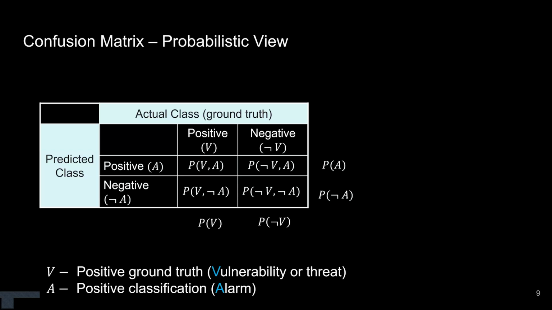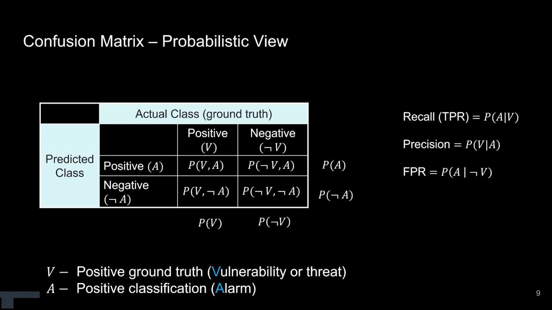Now we can define the same metrics, recall and precision, in terms of conditional probabilities. We have the recall, which is the conditional probability of seeing an alarm when you have a vulnerability, and precision, which is defined on this row here, the probability of an alarm actually being a vulnerability.